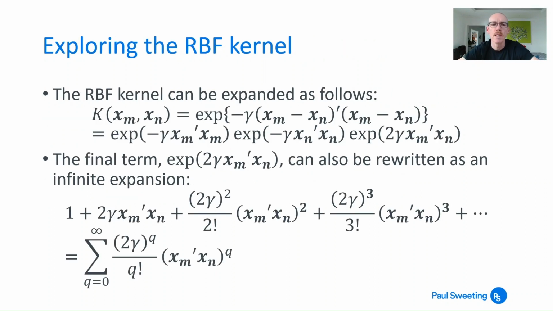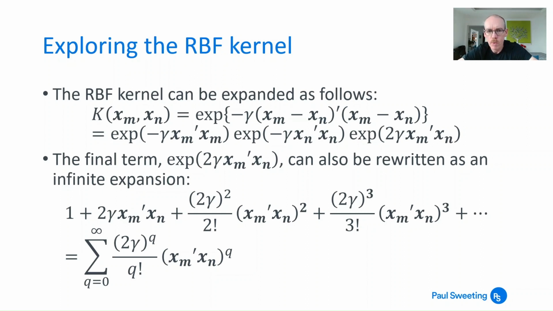So let's have a look at the RBF kernel and just see why it is interesting. You can expand that function as follows. So it becomes e to the minus gamma xm transpose xm, times e to the minus gamma xn transpose xn, times e to the 2 gamma xm transpose xn.